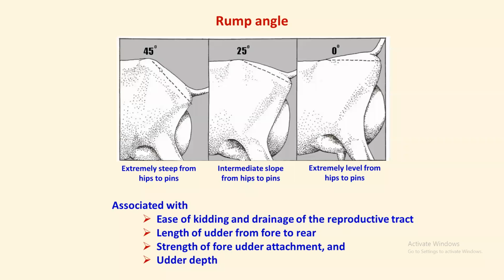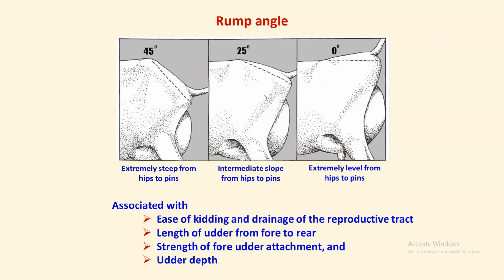If you are selecting an animal for milk, don't select the animal with a steep rump angle. Always go for zero. If it is not available, go for the 25-degree angle, a little lesser. Why? If it is forming a lesser angle, then it can hold the udder in a proper way.